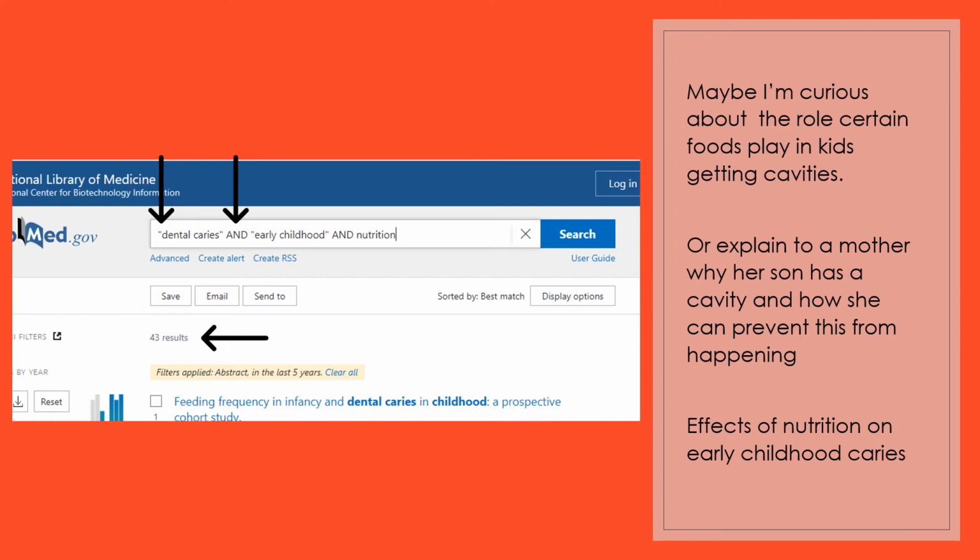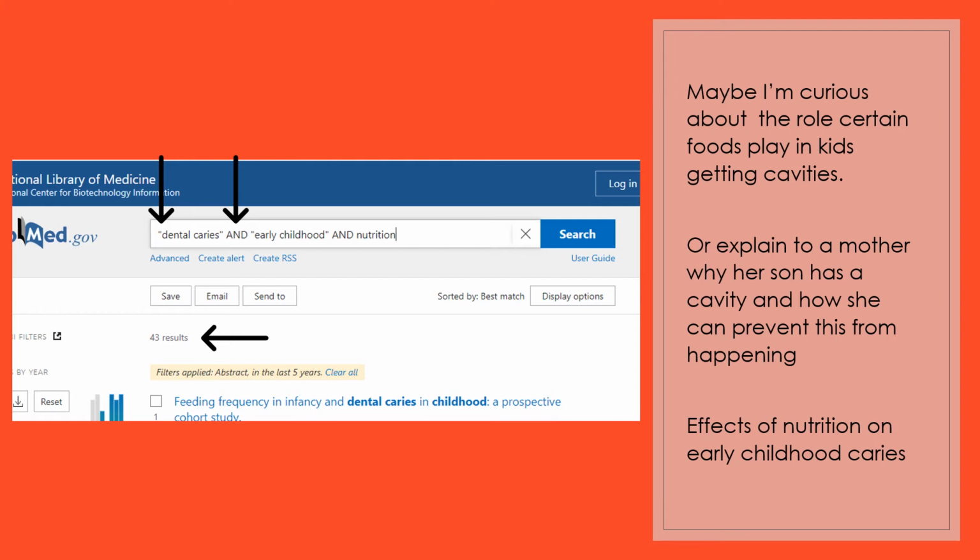I'm not looking for articles that have been written for patients or for the general public. I'm looking for professional articles about something that I know a lot about, and the proper term for a cavity is caries. So I'm looking for dental caries, and I've got quotation marks around it because I want to get dental caries, not just caries by themselves, and I certainly don't want dental by itself.